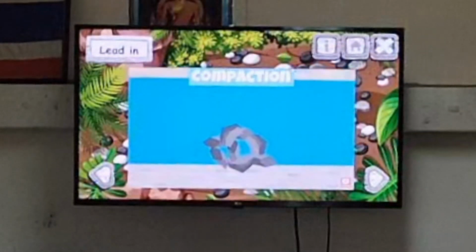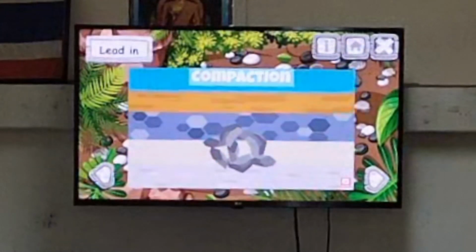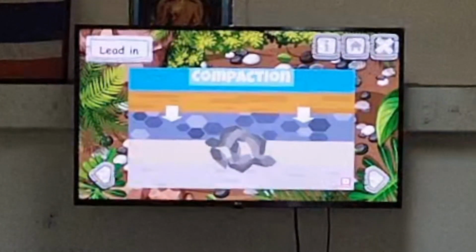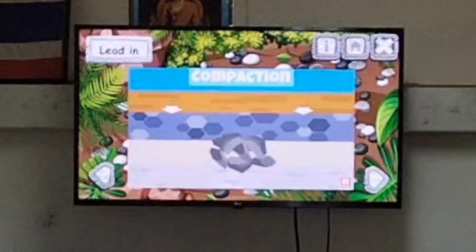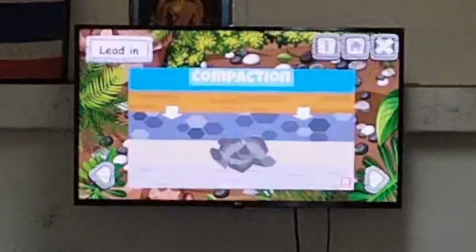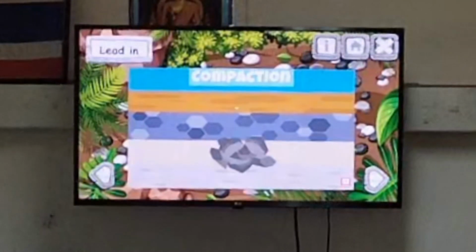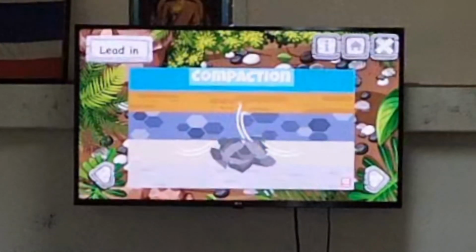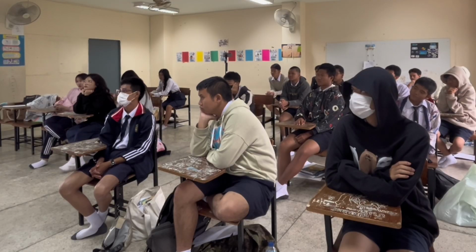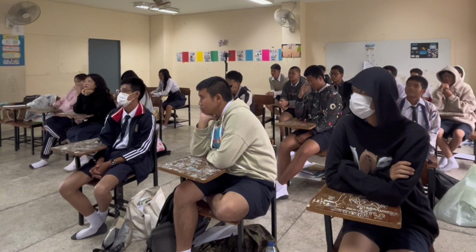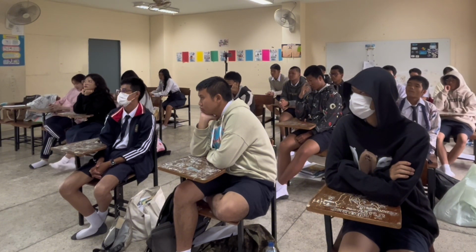Compaction is a process that takes place over millions of years, by which sediments are compressed or squeezed together by the weight of added layers above. The particles are pressed together so tightly that it squeezes out air and liquids until the layer becomes solid. Cementation is the bonding or sticking together of these sediments and the formation of new rocks.